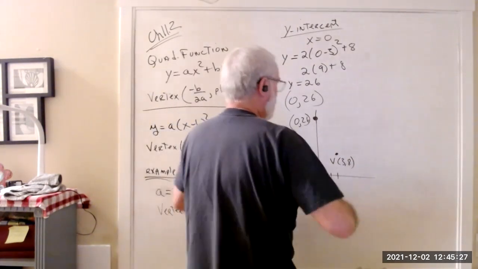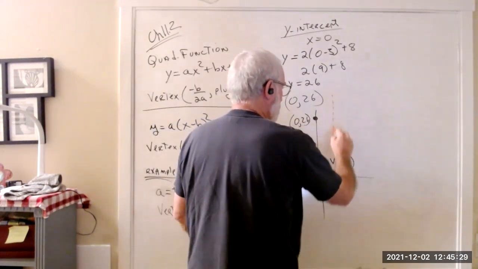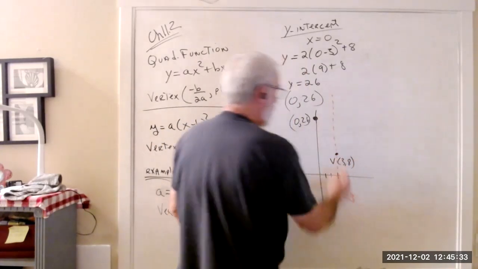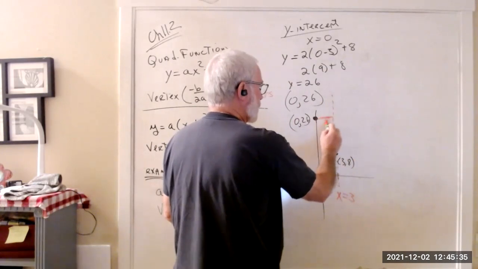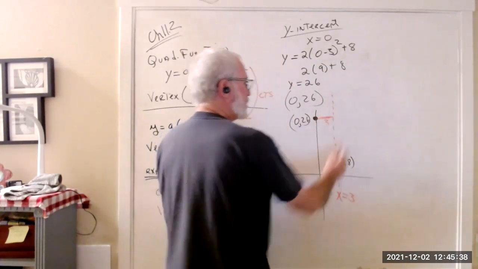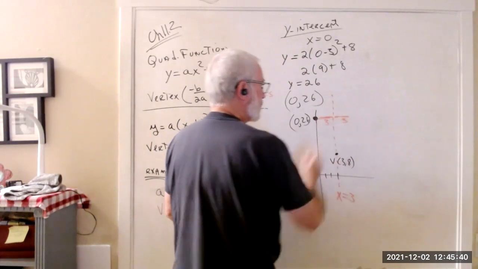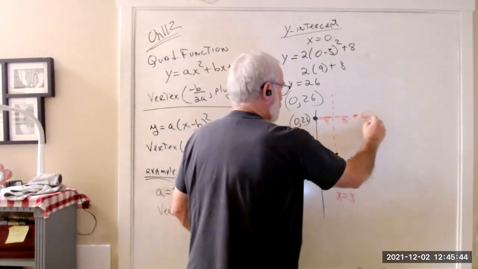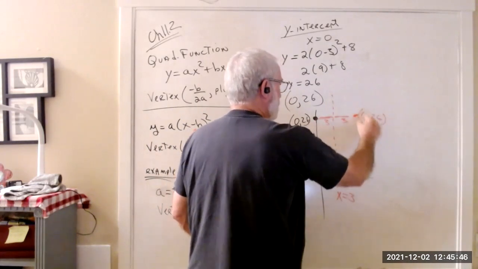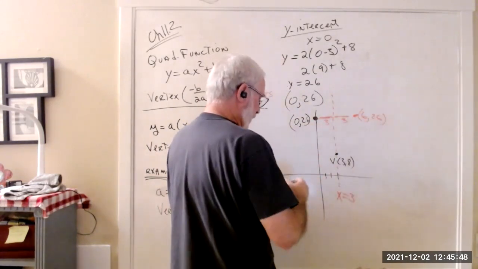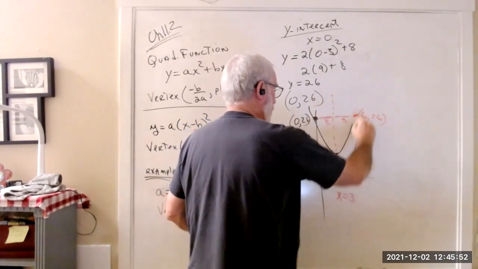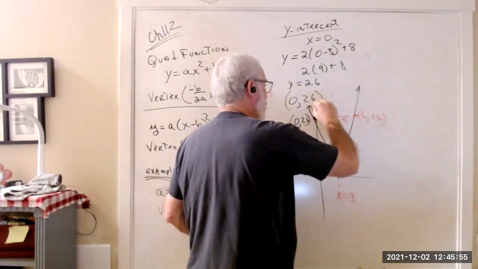My axis of symmetry is x equals 3, and its difference is 3 here. So we go over 3 here. This will be 6, 26, and I can sketch the graph. And there's the graph.